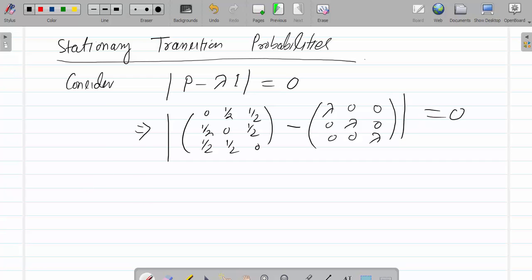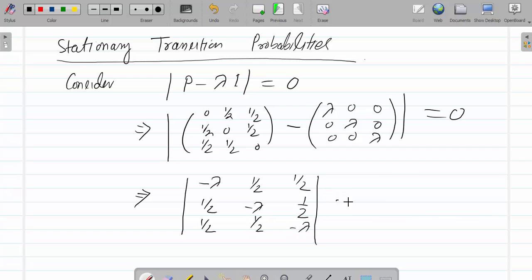So that implies the determinant of [-λ 1/2 1/2; 1/2 -λ 1/2; 1/2 1/2 -λ] is equal to 0. Now by solving this, we can get λ equal to 1.